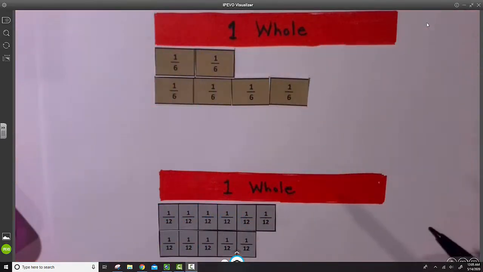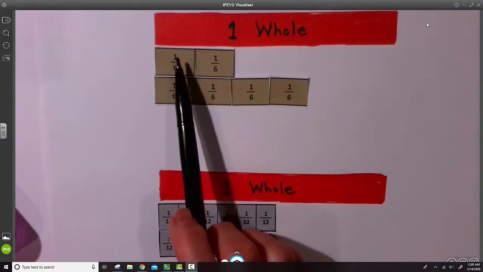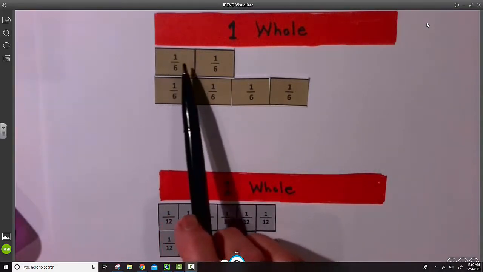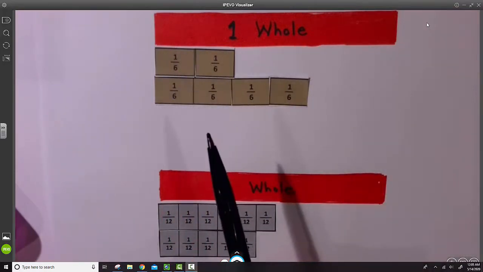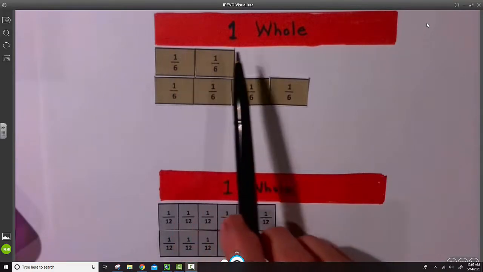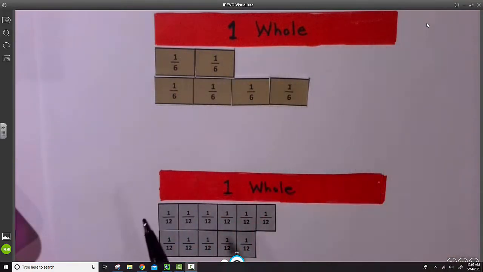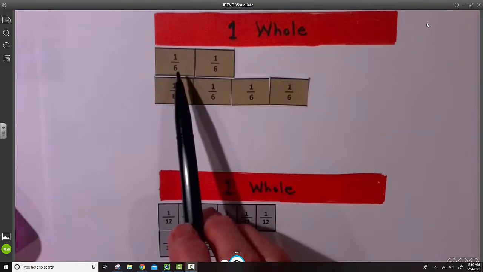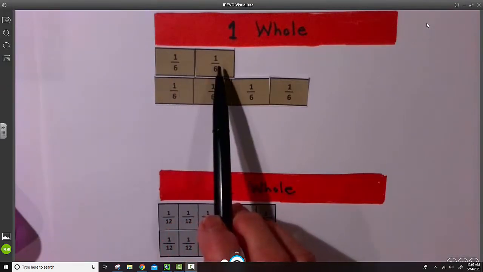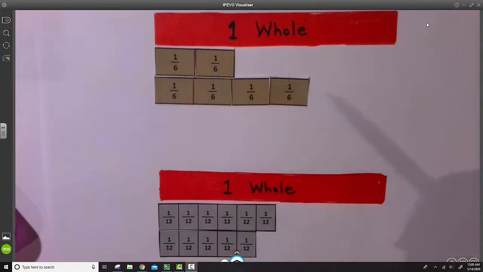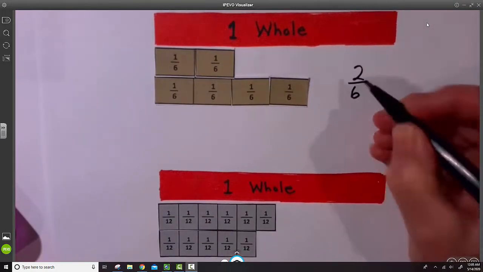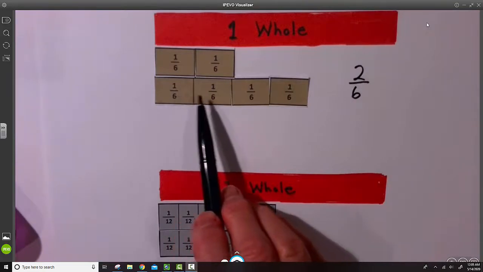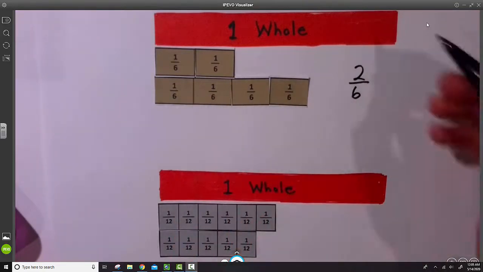Continuing with that same idea, our next example is with the unit fraction 1/6. We see our whole, just there as a representation of how many sixths this whole would be divided into. On the top line, we have 2/6. This time, we're comparing it with 1, 2, 3, 4/6.